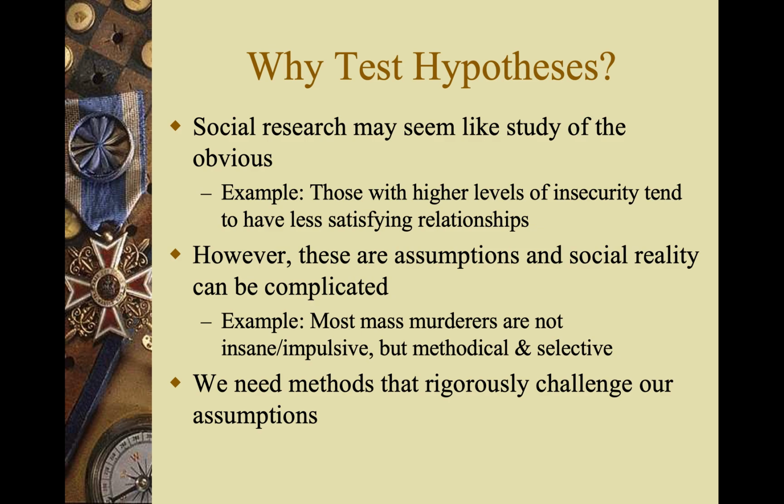In this example, the level of insecurity is the independent variable, and the level of satisfaction with the relationships is the dependent variable. This is something that we think is pretty obvious, but things aren't obvious until they're tested empirically, and then that's when things become well known, and then they seem obvious, but maybe they weren't obvious at one time before.